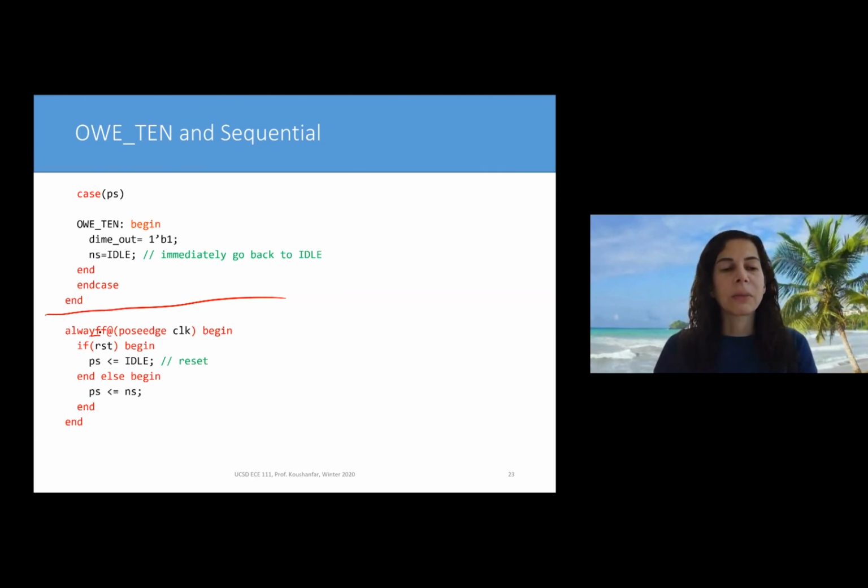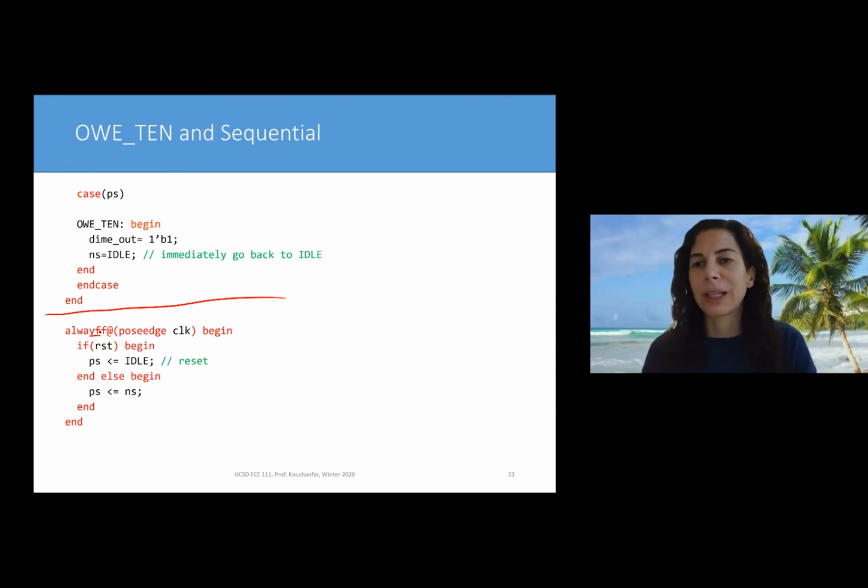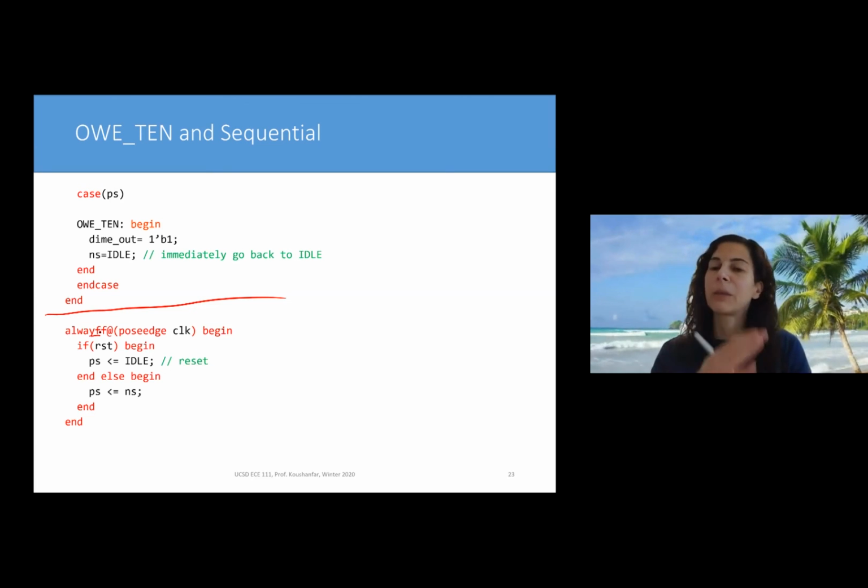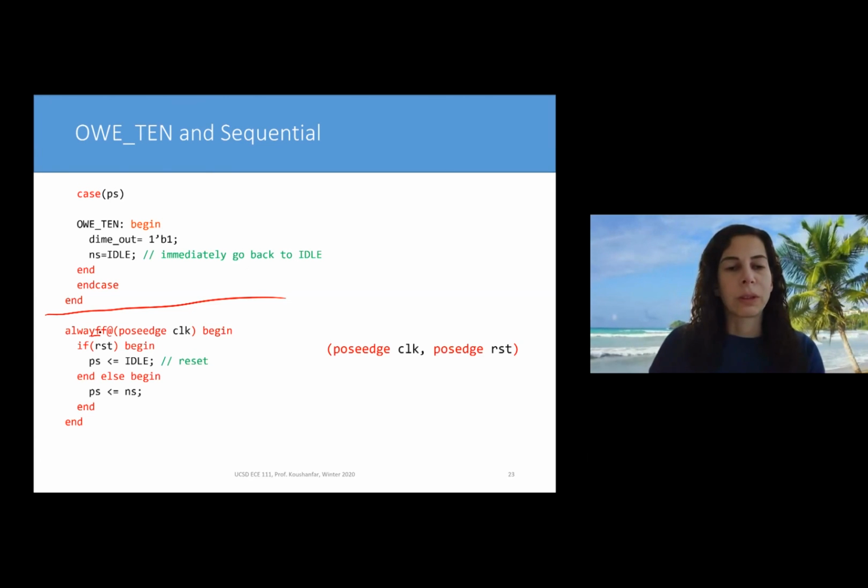If the reset comes, we go back to the idle state. Otherwise, we go to the next state from the present state, which is generated by the case input that we defined.